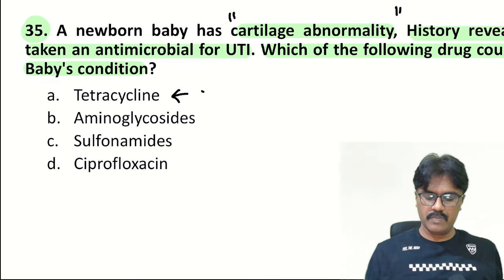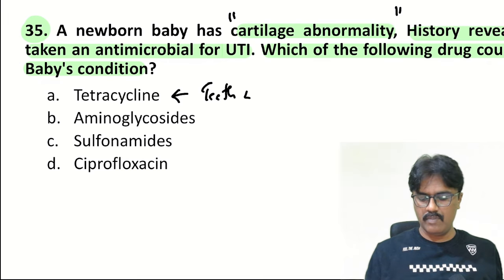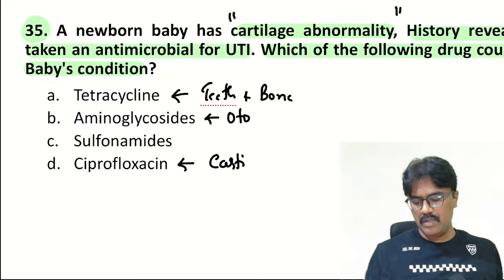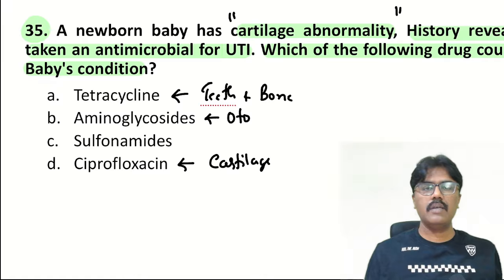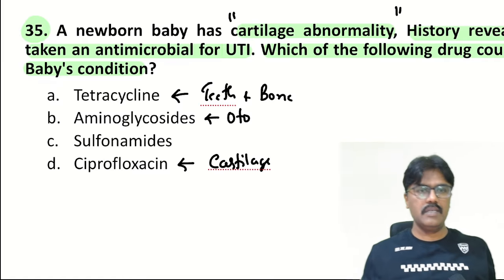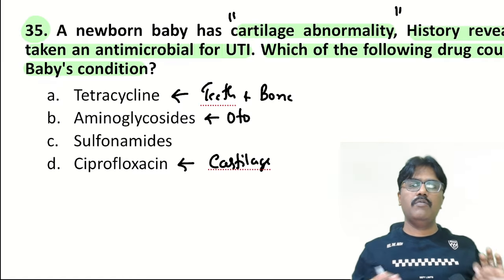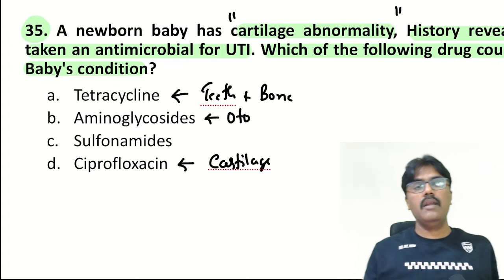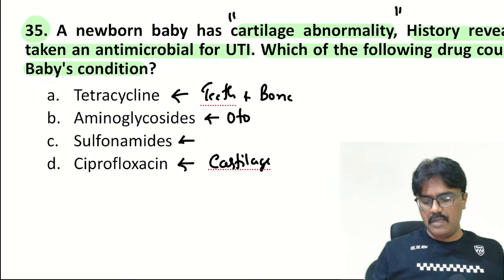Tetracycline can cause problems for teeth and bone. Aminoglycosides cause ototoxicity, and ciprofloxacin, cartilage damage. All these three are teratogenic and avoided in pregnant women. Sulfonamides, if you give in the last trimester, can lead to bilirubin displacement and that can lead to kernicterus, but it is not a teratogenic one.